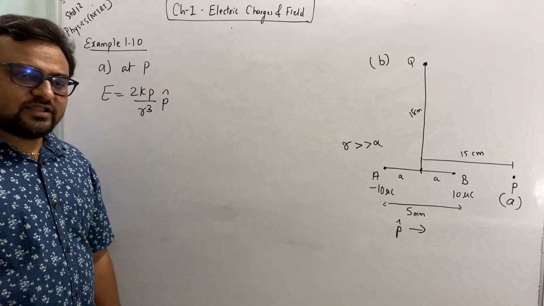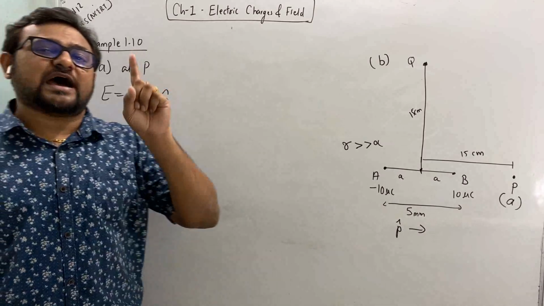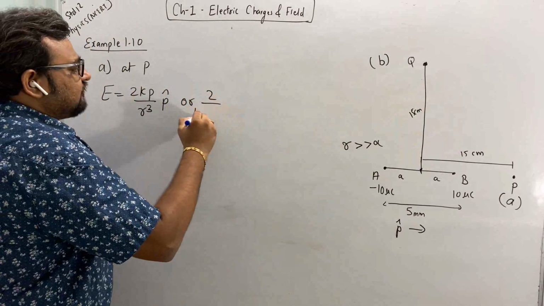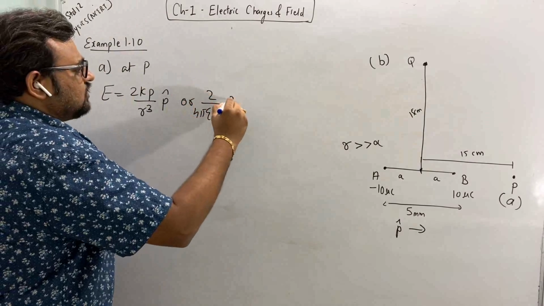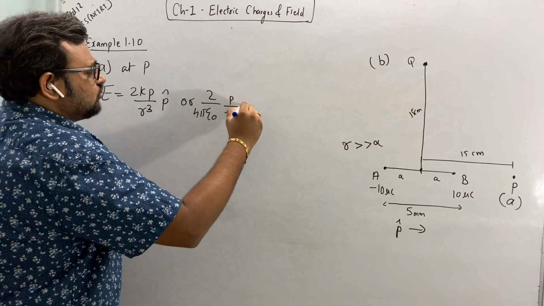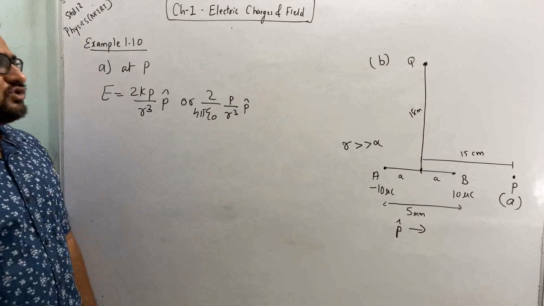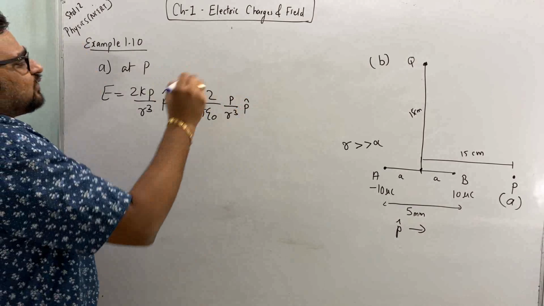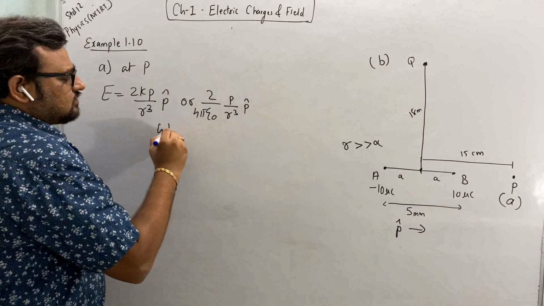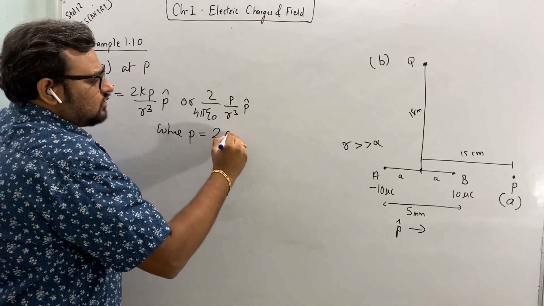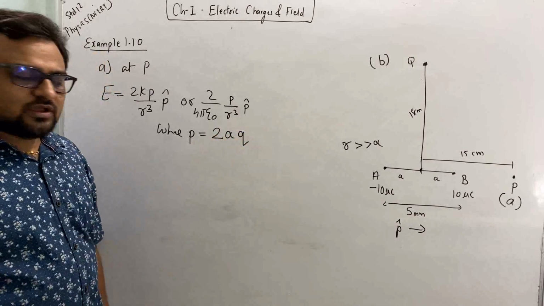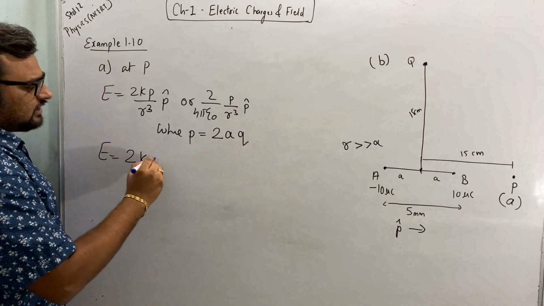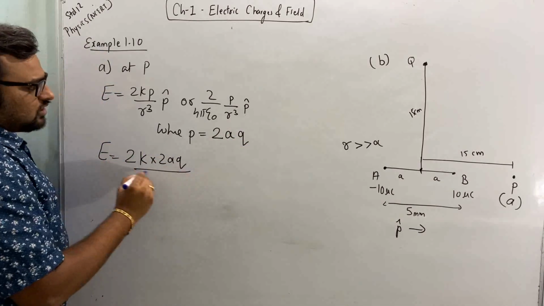This is a simple formula for electric field due to a dipole on the axis, or 2 upon 4 pi epsilon 0 P upon R cube. You can also use this formula, where the value of P is equal to 2AQ. So electric field will be equal to 2K into 2AQ upon R cube.